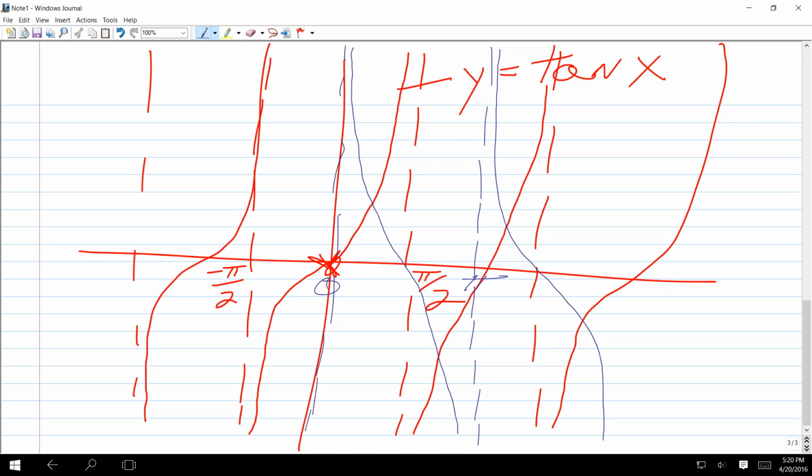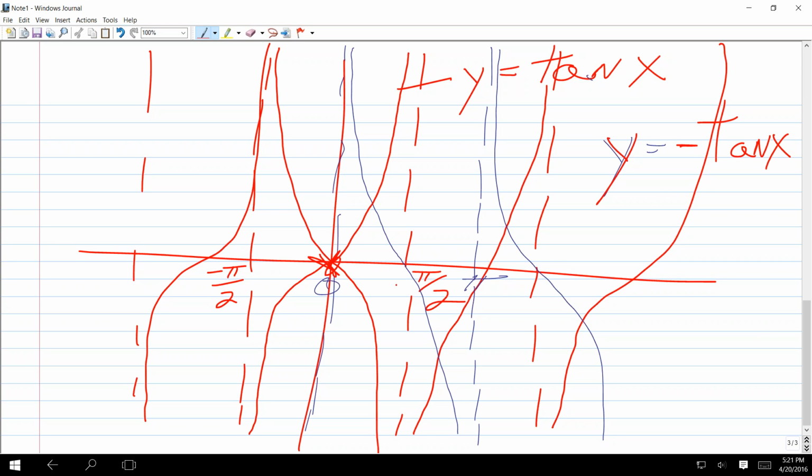Notice, right, if I told you graph y equals negative tangent, let me go back to red. If I said y equals negative tangent of x, well, I'm going to flip this, which would make it look like this. But notice that it's still going from minus pi over 2 to pi over 2.